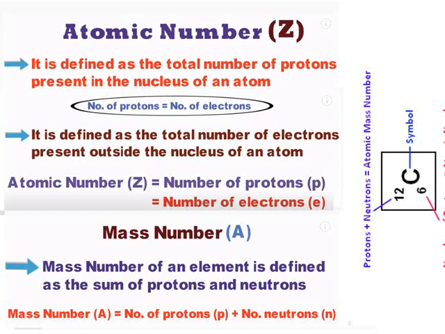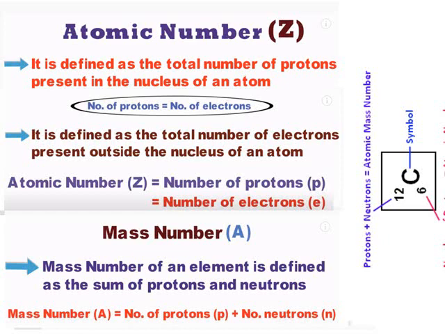See the example given at the right side. It is the symbol for carbon. Number 12 on the top of it, it is the atomic number. Sorry, it is the mass number. There are two numbers, 6 and 12. So 12 is greater, therefore it represents the mass number. And 6 is the atomic number. So atomic number is the number of protons.